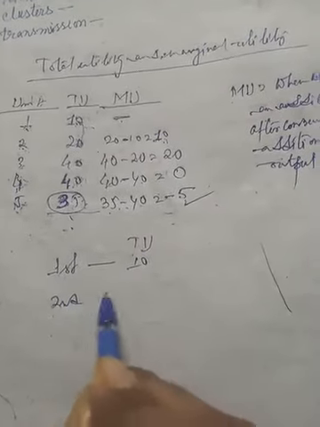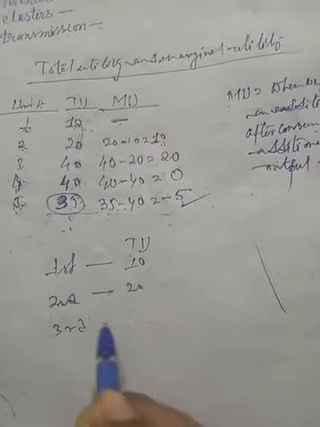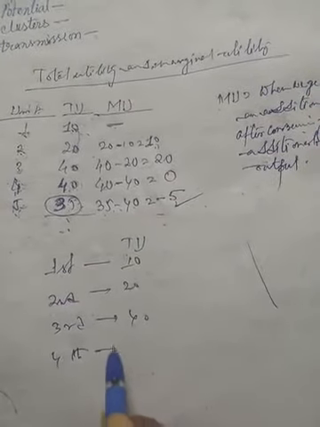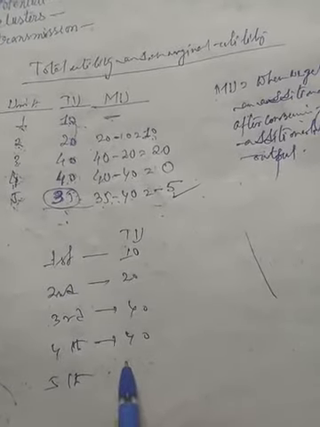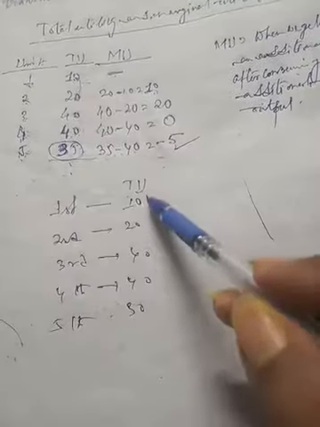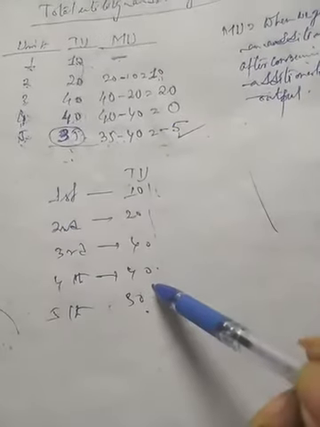Second apple, 20. Third apple, 40. Fourth apple, again 40. Fifth apple, 30. I am taking this data because total utility first increases, reaches a maximum, and after that falls.